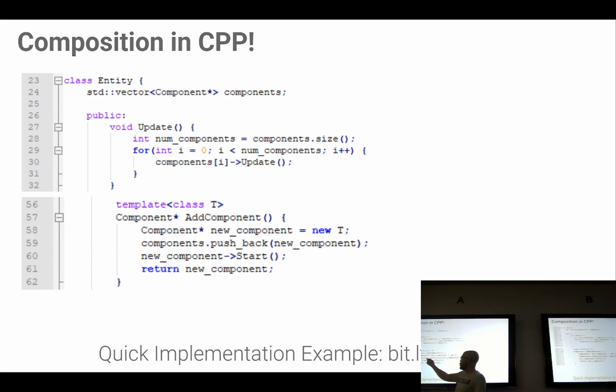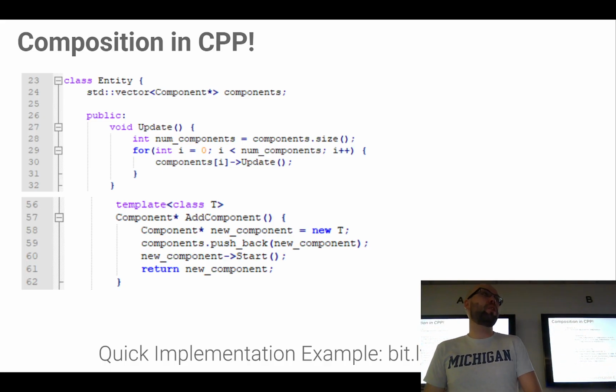We're going to put that component into our array. We're going to call start for that component so that the start function runs when the component spawns in. And then we're going to return a pointer to that component so that we can customize the component afterward, okay? That is pretty much exactly how the AddComponent function works for you today in Unity, okay?